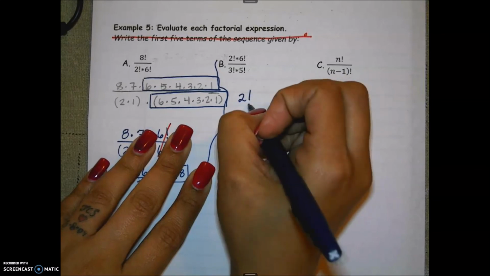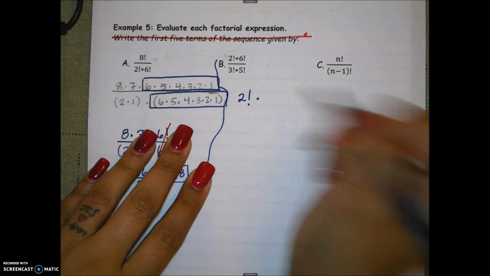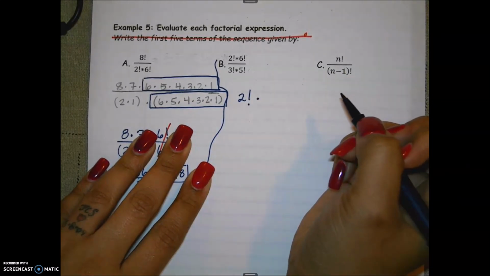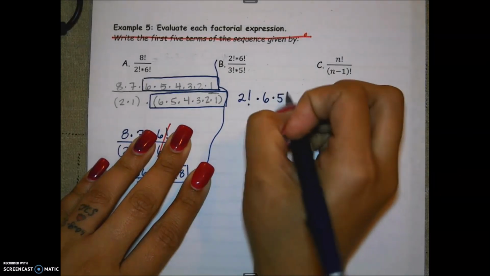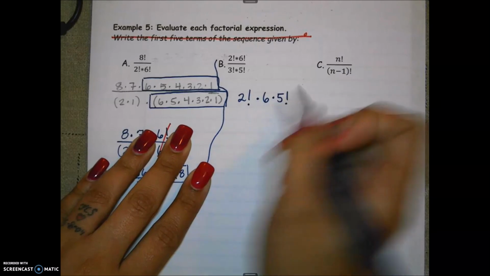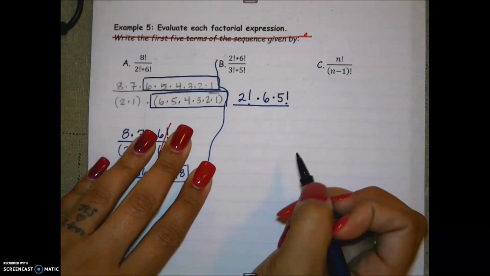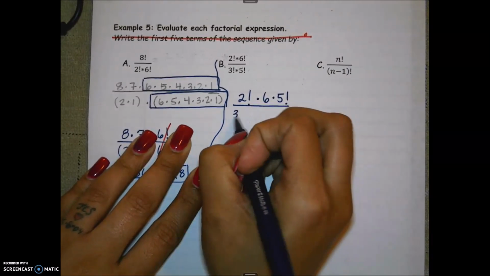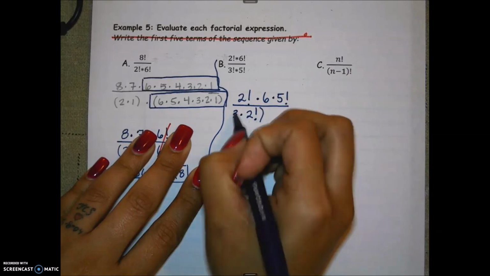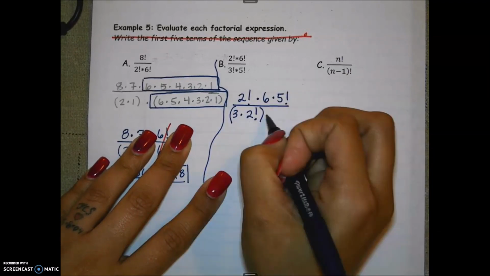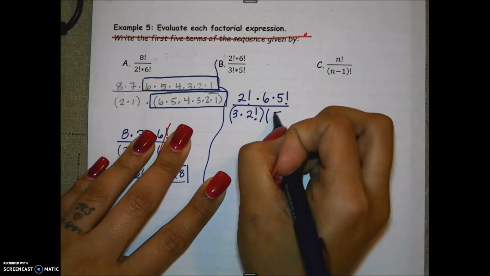2 factorial times 6 times 5 factorial, divided by 3 times 2 factorial, that takes care of 3 factorial, times 5 factorial.